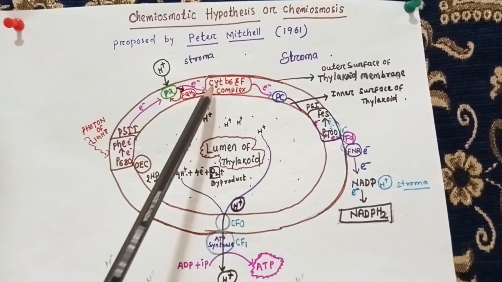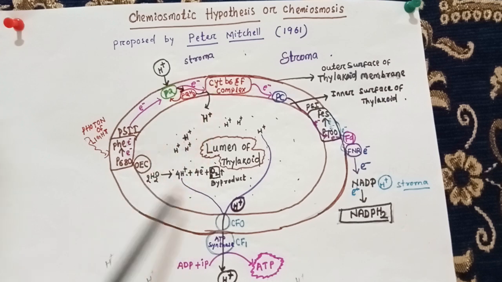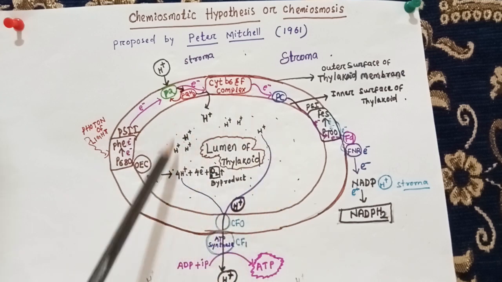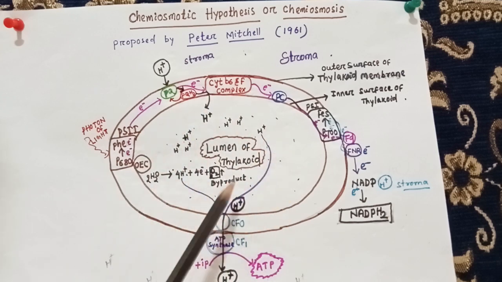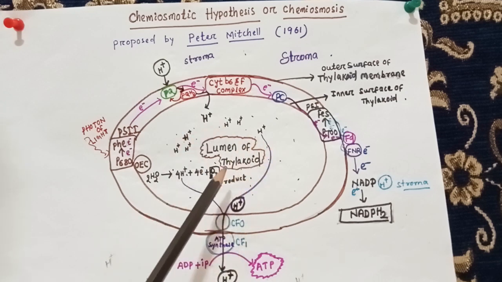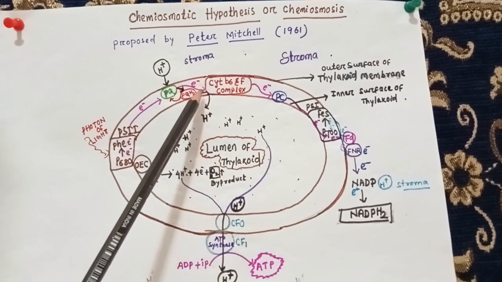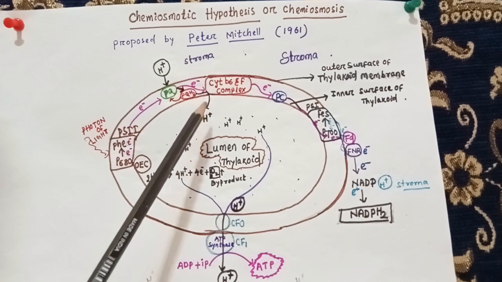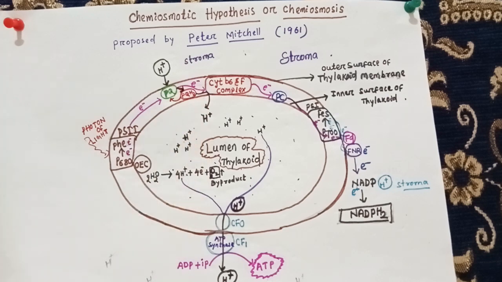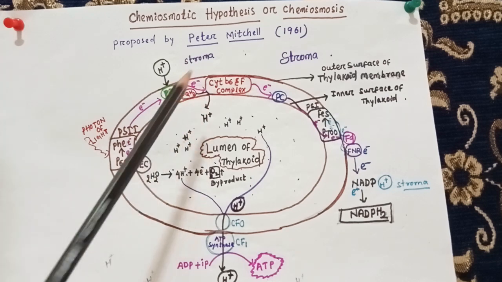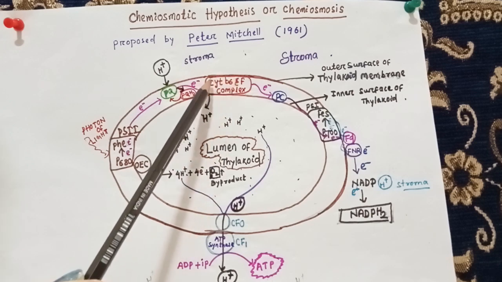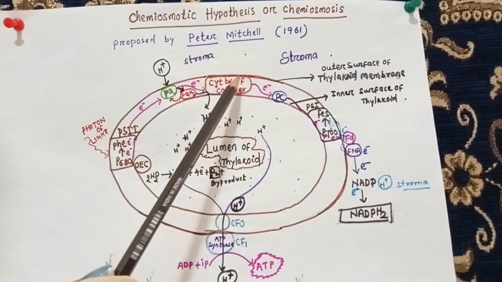So, it pushes the protons into the lumen of the thylakoid. This inner part of the thylakoid, the inside of the thylakoid, is named the lumen of the thylakoid. And then the protons are pumped into the lumen of the thylakoid.